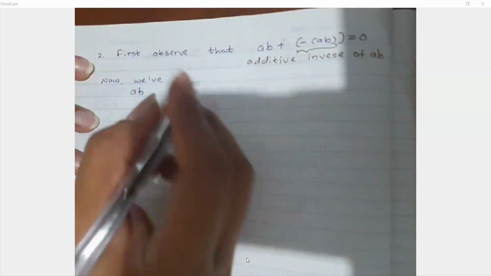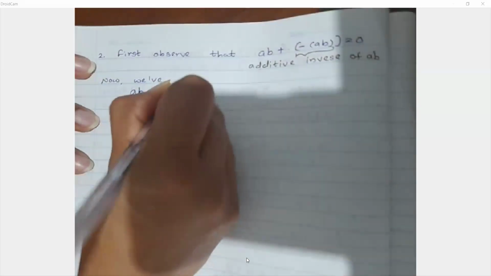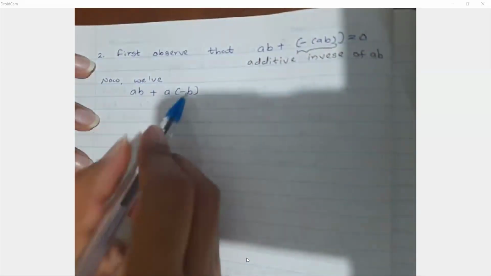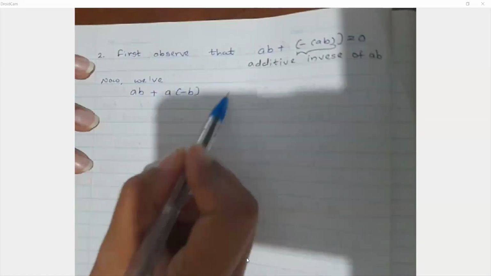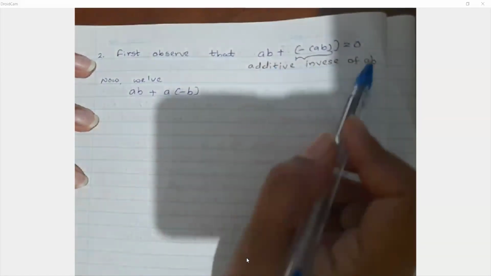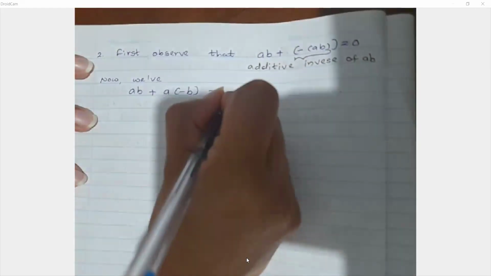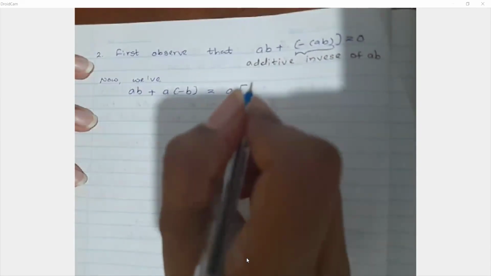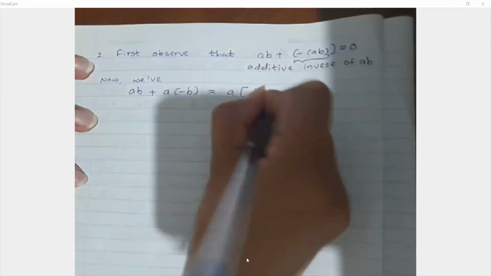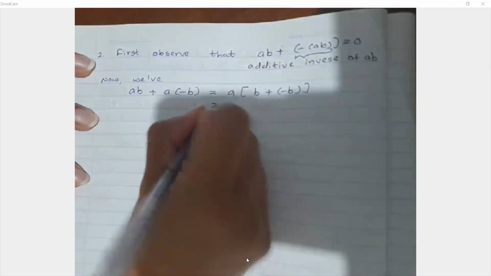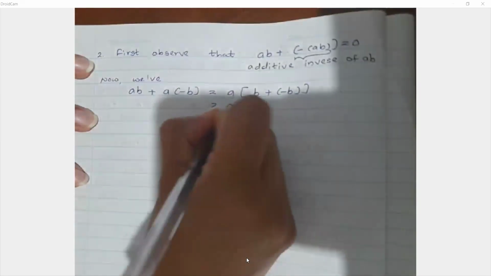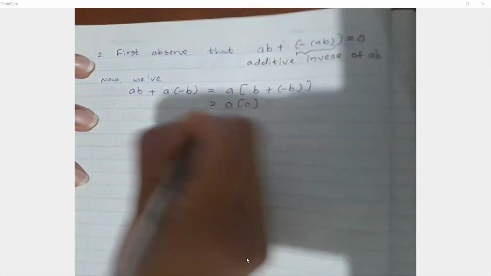So, now, we have AB plus A times negative B. If we show that this entire addition is equal to 0, because the additive inverse of AB is unique, we must have this equal A times negative B, right? So now this is equal to factoring out A using the distributive laws. We have B plus negative B. And we know that negative B is the additive inverse of B. So by definition, this is simply 0.